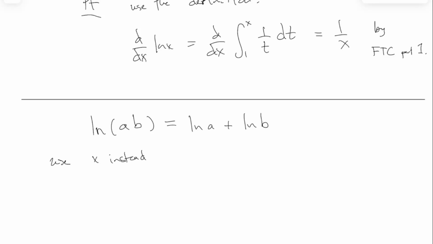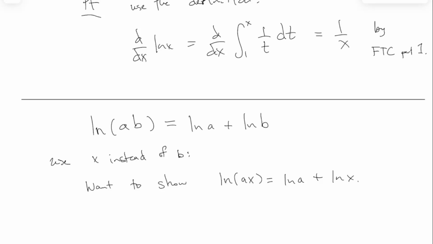So what I want to show is that natural log of ax equals natural log of a plus natural log of x. And the way we're going to do this is by taking the derivative on both sides.